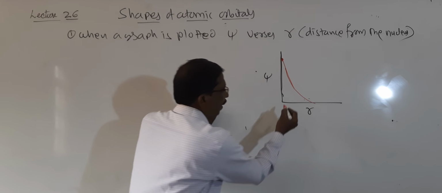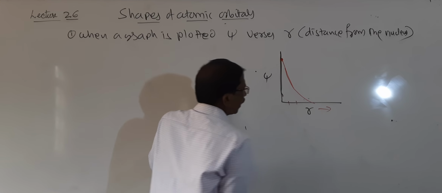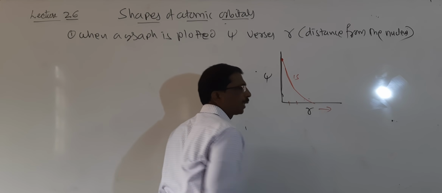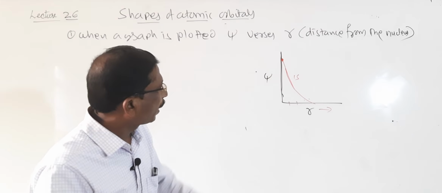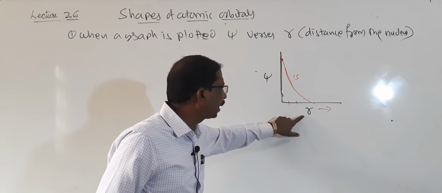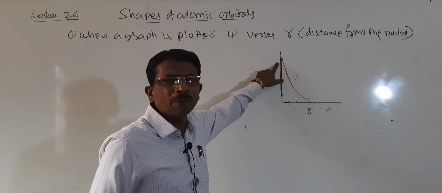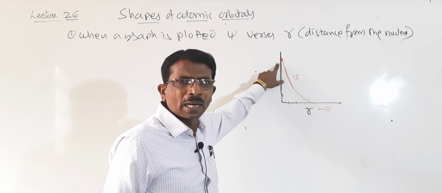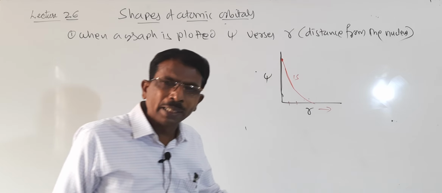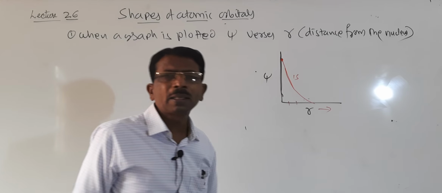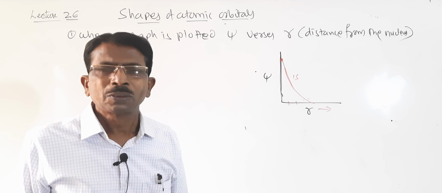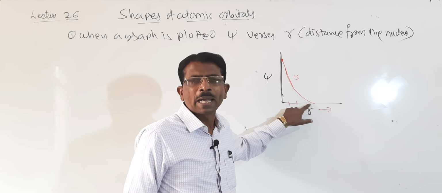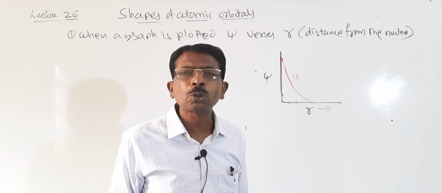This is for the 1s orbital. So remember, in the graph of psi against r, the probability density is more at the nucleus, and it decreases sharply as r increases and approaches 0. And what happens in the case of the 2s orbital?